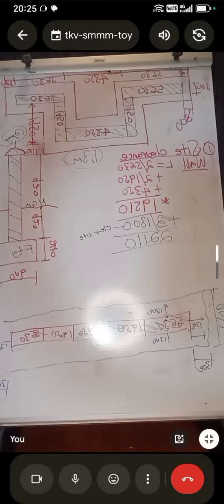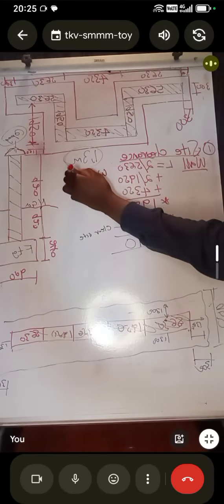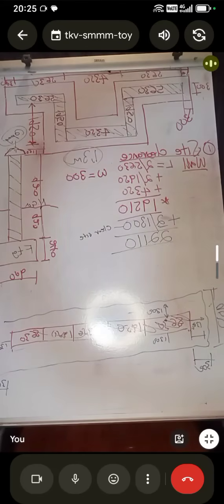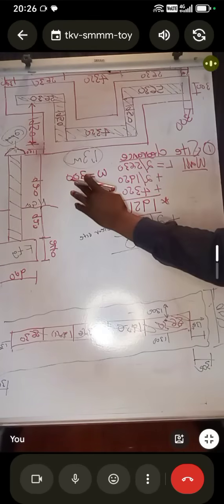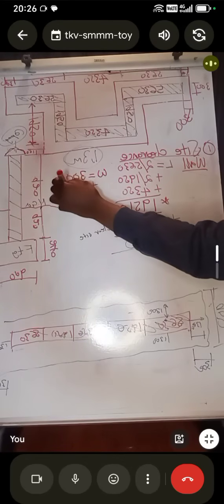Okay then. So the width, it's easy. Please make sure that you are writing this information because I'm going to erase due to space. The width is going to be what? We said it's 3,000 according to what we have calculated. The 3,000, we're going to say plus 2 of what? 1.3.